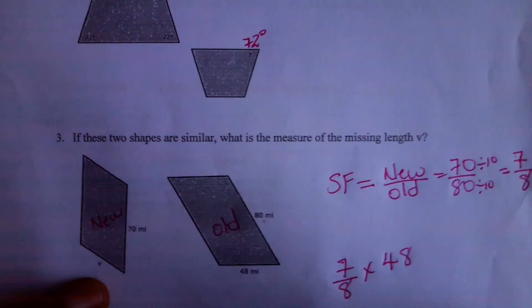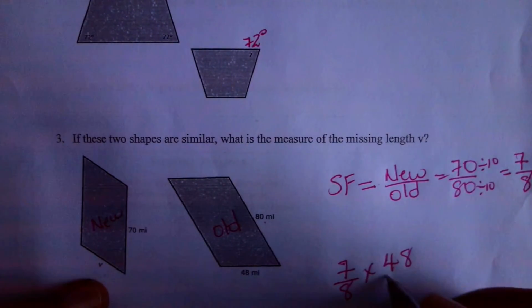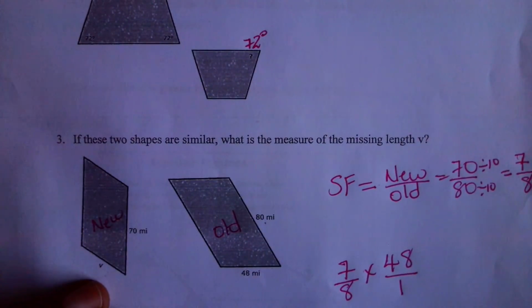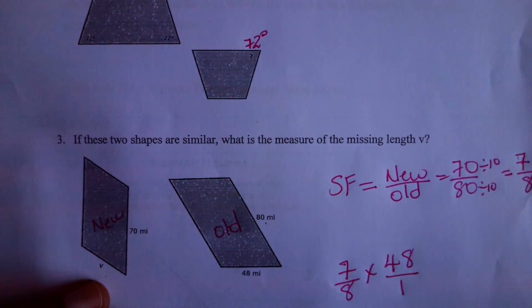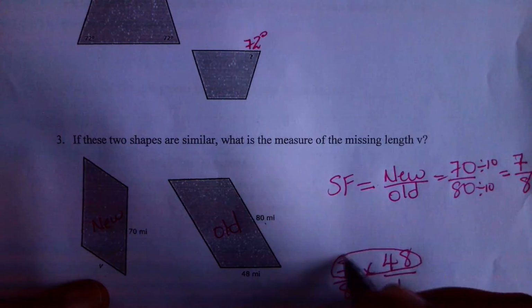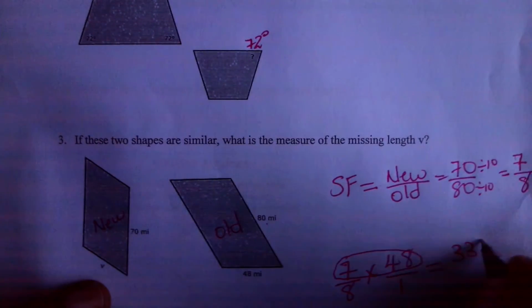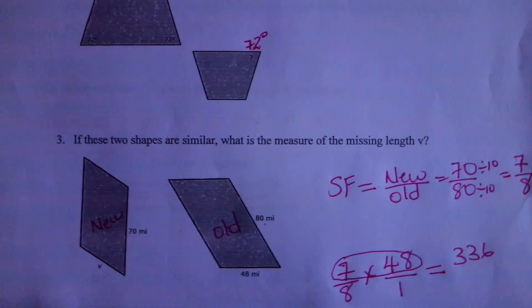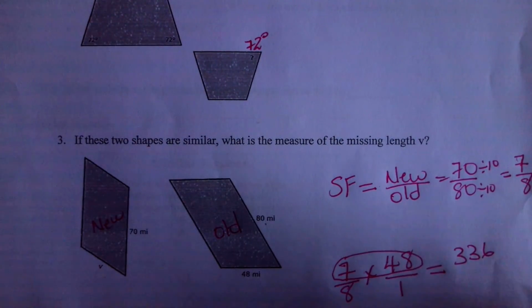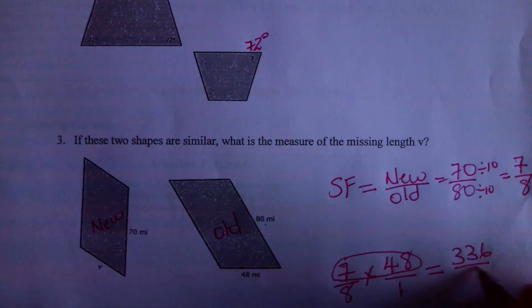We said we can always change our whole numbers to a fraction by putting a 1 under that whole number. So when we multiply fractions, multiply numerator with numerator. So 7 times 48, that's going to give us 336. 8 times 1, that's going to give us 8.